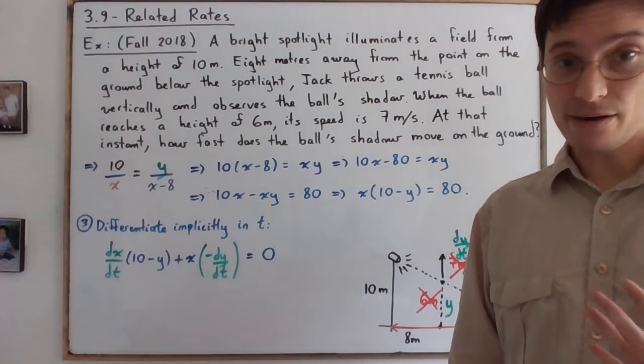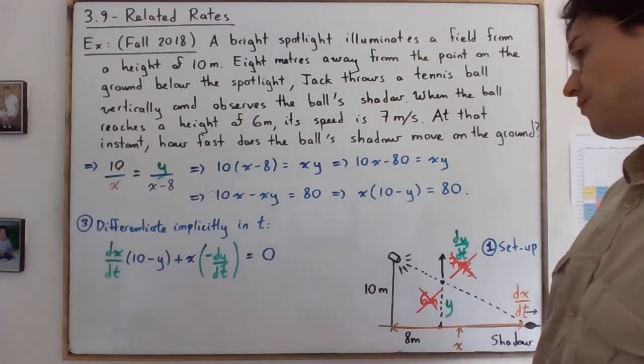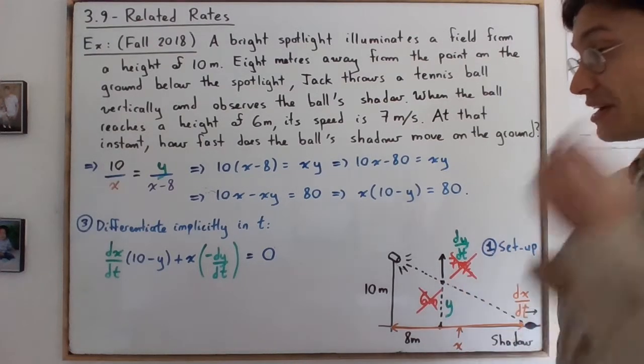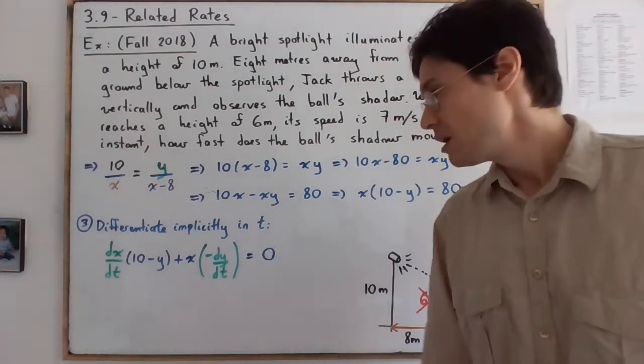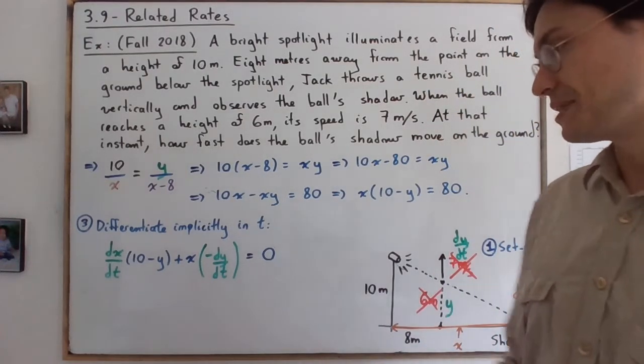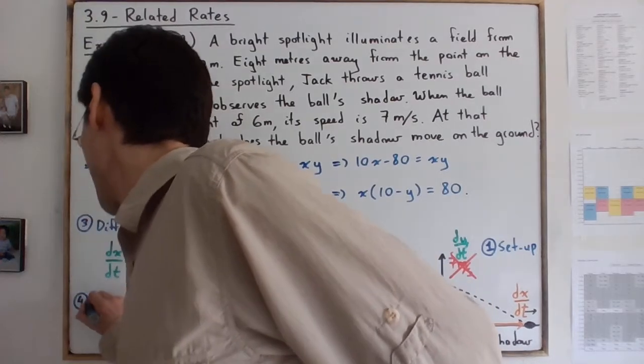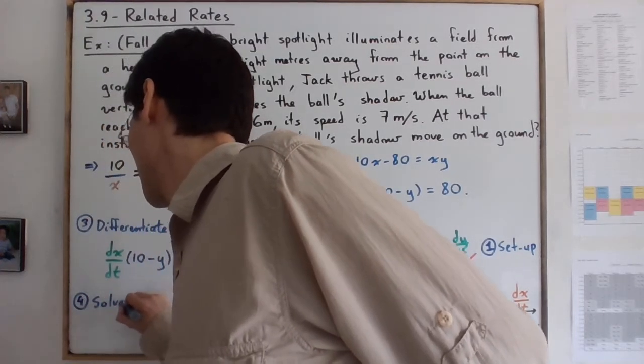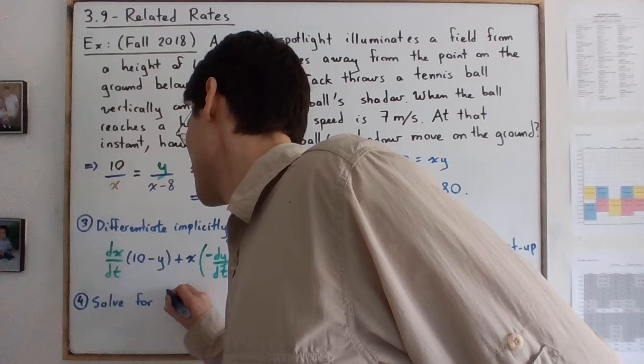Now, from there, you simply solve for dx over dt. There's more than one way to do it, but I think what I will do is solve directly for dx over dt. So let's actually write this: solve for dx over dt.